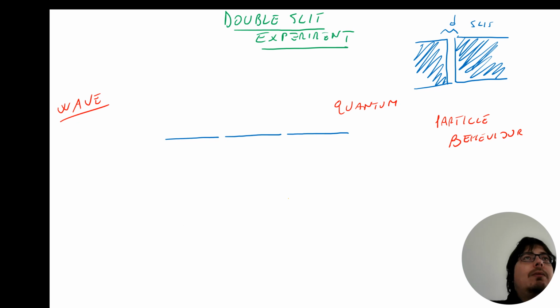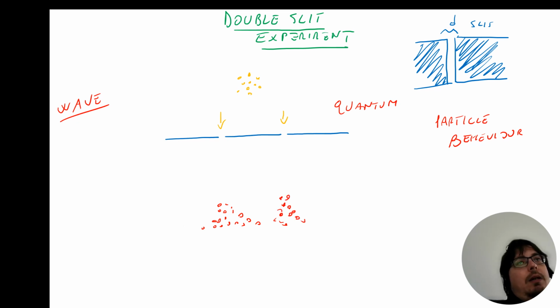With the double slit, we have one ball here, or well, we have many balls, classical objects, and then we shoot them in direction of the aperture. As you can imagine, there will be two lumps of balls, one in front of the first aperture and the other in front of the second aperture.